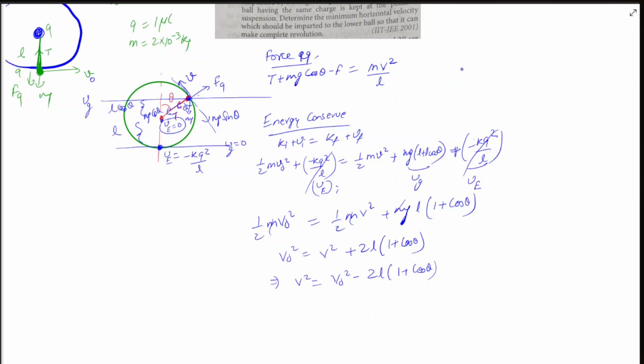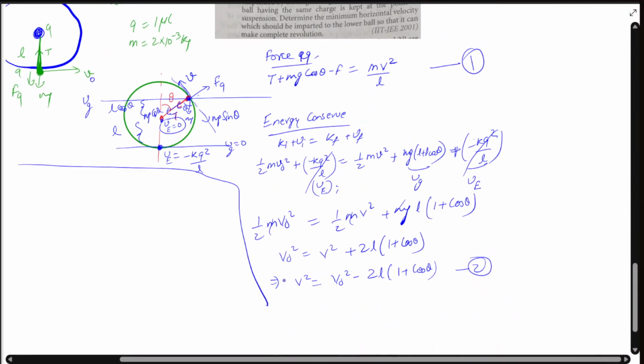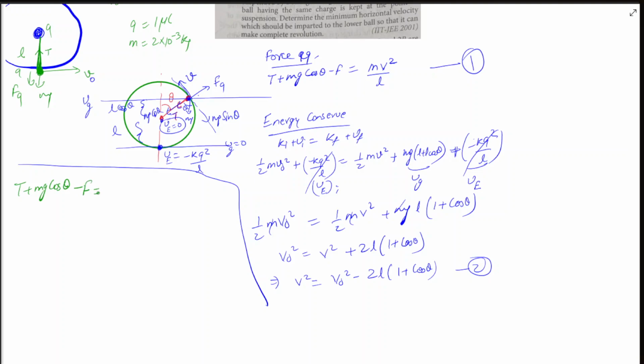From 1 and 2 we will get T plus mg cos theta minus F equals m by L times v naught square minus 2gL(1 plus cos theta).